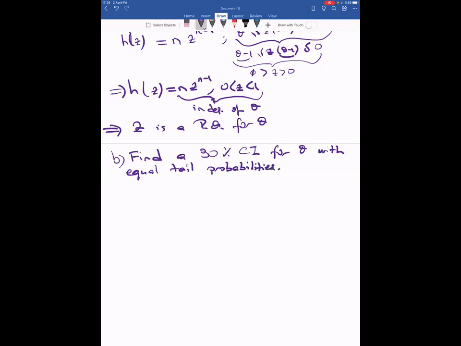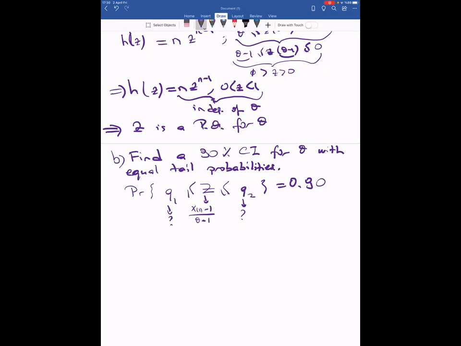Okay, so we need to find the upper and lower bound for Z, where the probability should be 0.9. So let's say this is our Q1, this is our Q2. So we need to find these first. And we know the value of Z. What was that? It was (x1 − 1)/(θ − 1), right? So we can write this in terms of θ. Then we find the Q1 and Q2 values.